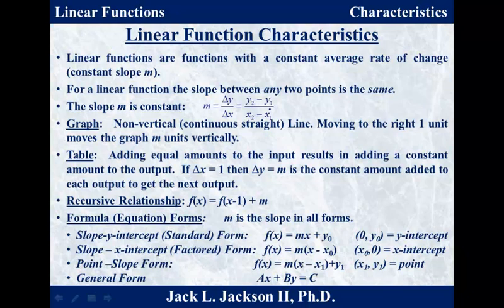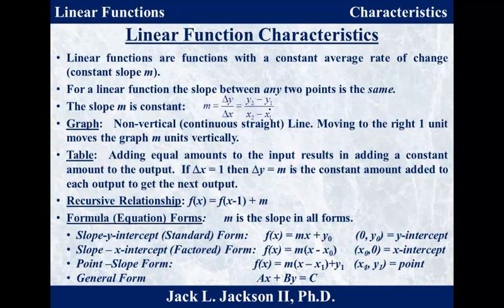If we plug in x1, we get x1 minus x1 is 0, times m is 0, plus y1 is y1. And so when we have an input at x1, we have an output of y1, and that tells us that x1, y1 is a point on that graph in that table satisfying that function. The m is the same in all the forms, and again, it's the vertical change divided by the horizontal change.